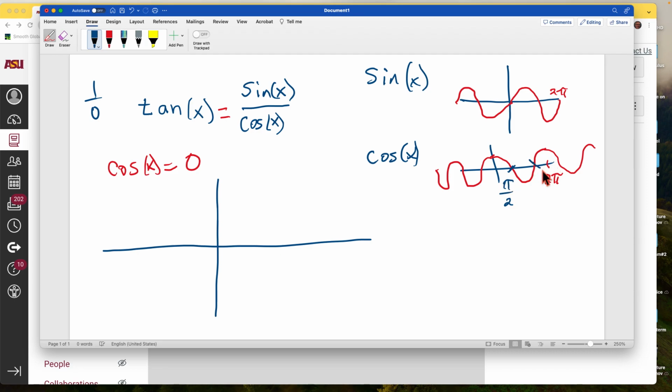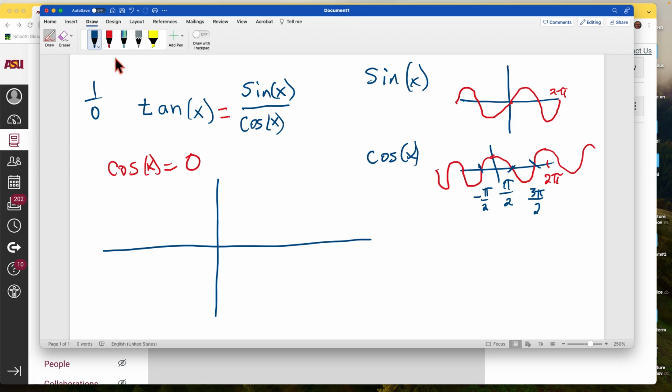Then it does it again at 3 pi over 2, the bottom of the unit circle. That's where it's equal to 0. If we go in the negative direction, it'll do it at negative pi over 2.